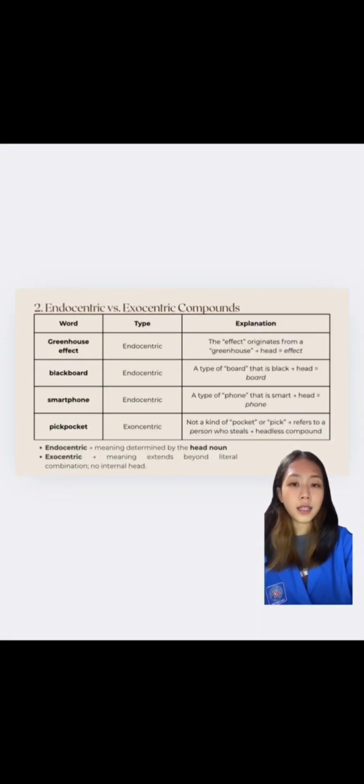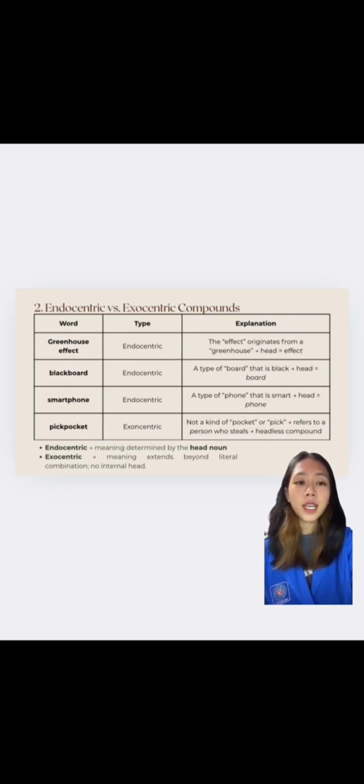And the next slide is number 2, endocentric versus exocentric compounds. This is table 2 with many examples in this table. You can see that, and then I will explain endocentric and exocentric in simple points.